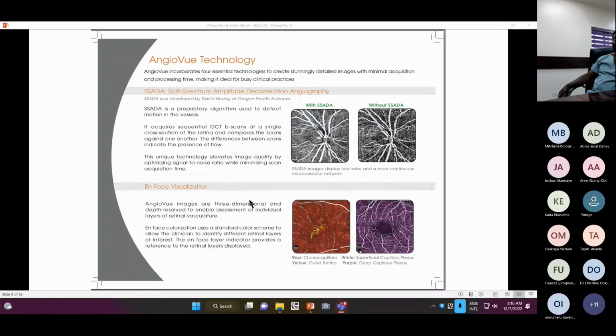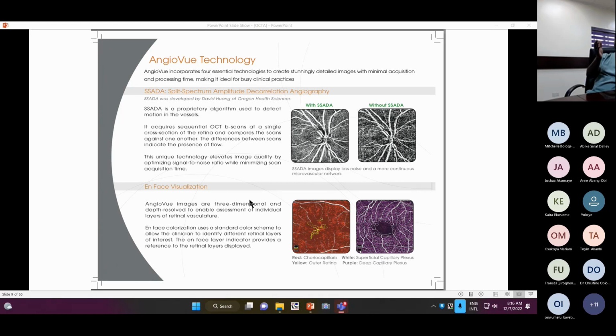Basically, the AngioVue, as it's called, incorporates 4 essential technologies in bringing out the image of the blood flow in the retina. The first is the SSADA technology, an algorithm patented to OptoVue. The full meaning of SSADA is split-spectrum amplitude-decorrelation angiography. The basic idea is like taking a photograph of a moving object. Within the blood vessels, the red blood cells are moving.